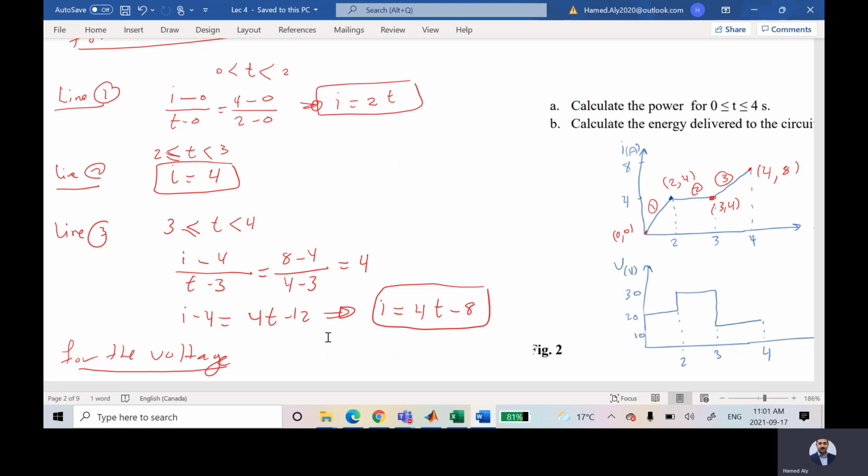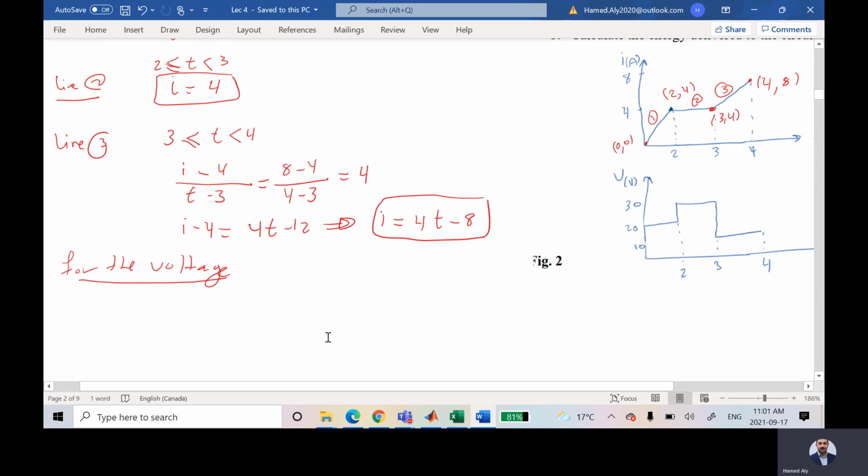I'm going to repeat the same story for the equation of the voltage for the same periods. So for the voltage from t greater than or equal to 0 up to 2, I can say the voltage is equal to, yes, it's not 4, it is equal to 20 here. Am I right? Why are you saying 4?